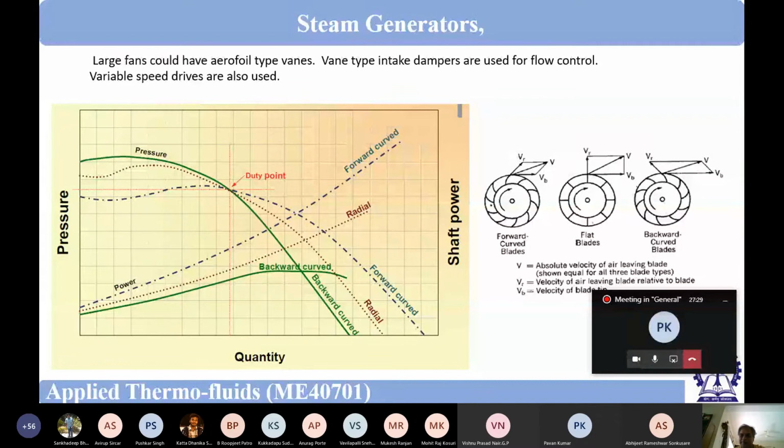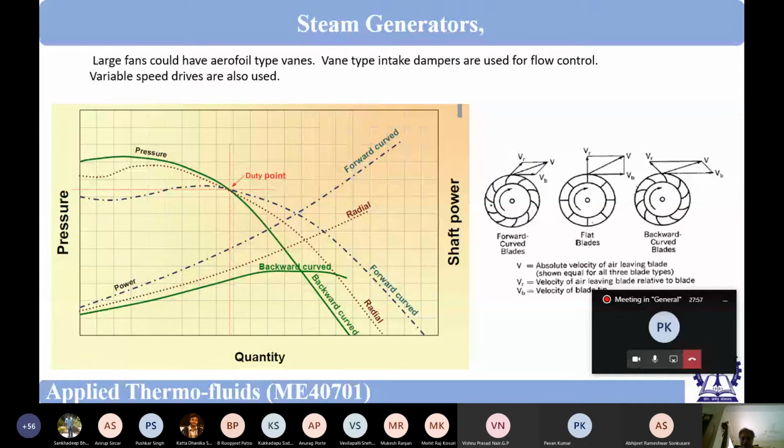What do we do? Suppose we have got a pipeline. It could be better understood with the help of a pipeline and pump. Sometimes we have to have a particular flow rate and particular pressure.